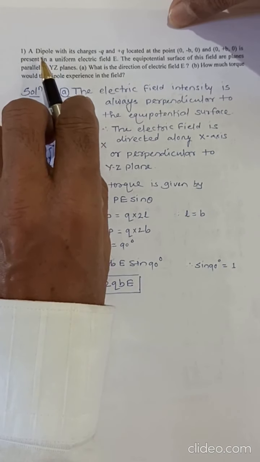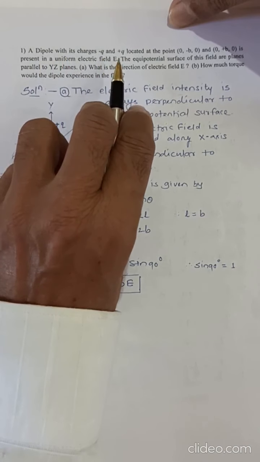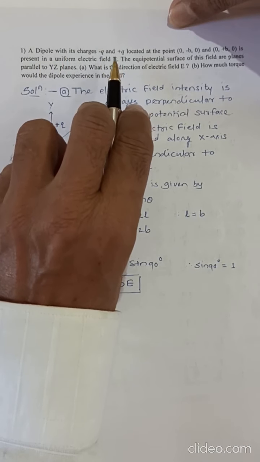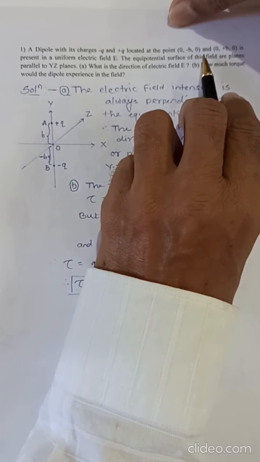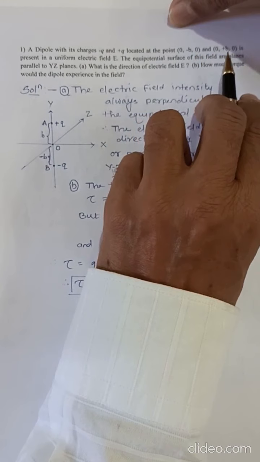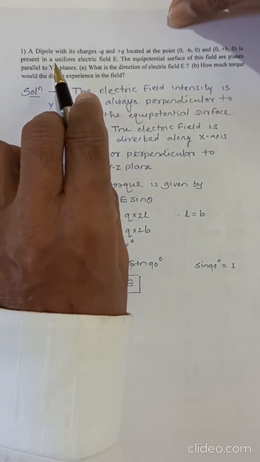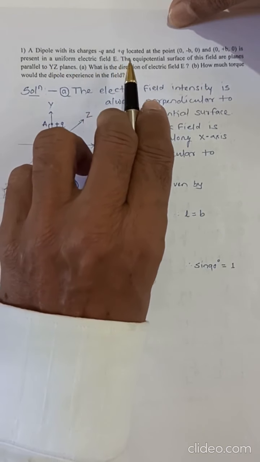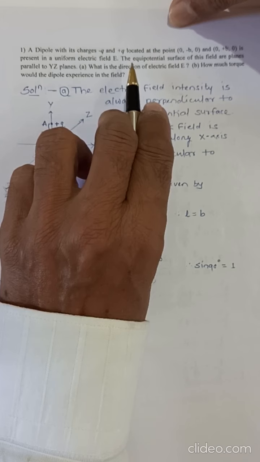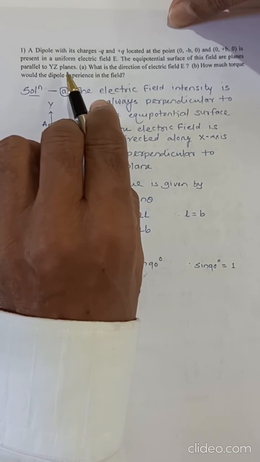A dipole with its charges minus q and plus q located at the points (0, minus b, 0) and (0, plus b, 0) is present in a uniform electric field E. The equipotential surfaces of this field are planes parallel to the YZ plane.